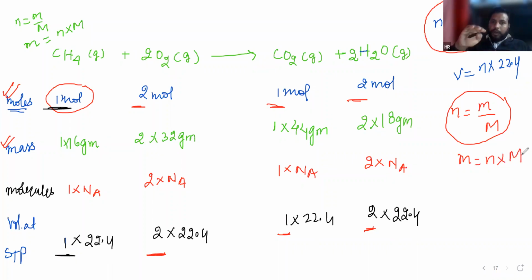According to the compound, molar mass will change. But also, number of moles is equal to given number of particles upon Avogadro number, so number of particles will be n into Na. Number of moles will change, but Na will always be constant, 6.023 into 10 raised to the power 23.